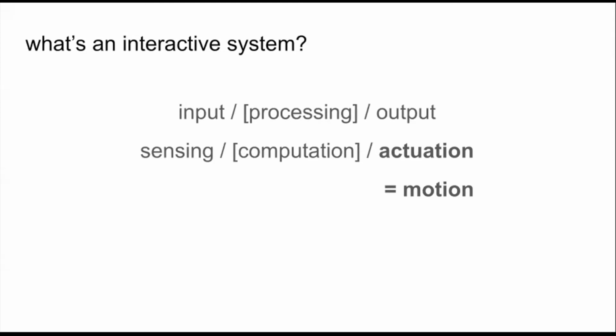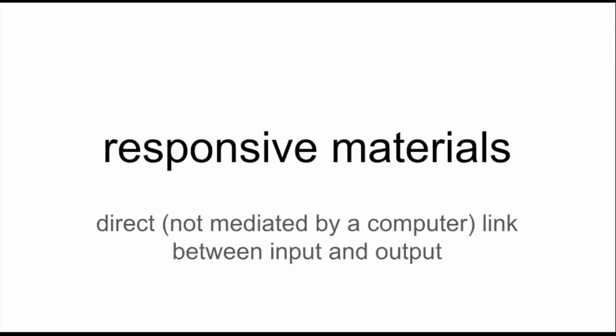It's not necessarily planned interactive in a particular way, but if I punch a wall, the wall punches back. When we say responsive materials, we're talking about materials that still have a slightly more planned or designed reaction from some kind of input, but doesn't necessarily have to actually have a computer shoved in there.